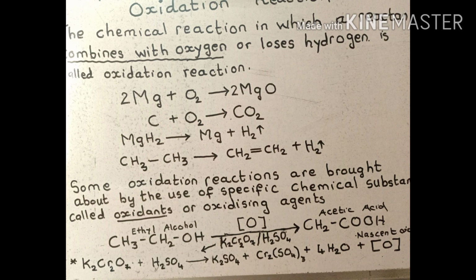It can combine with a reactant and result in its oxidation, just as you have seen the ethyl alcohol being oxidized by nascent oxygen to give you acetic acid. So students, you have now learnt about oxidation. We will also learn about the reduction reaction in detail in the next video lecture. Till then students, stay safe, take care, and thank you.